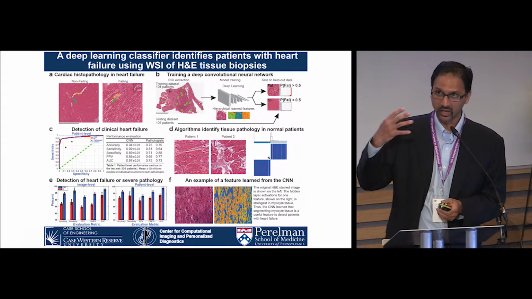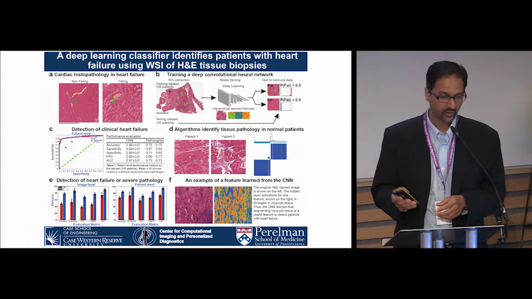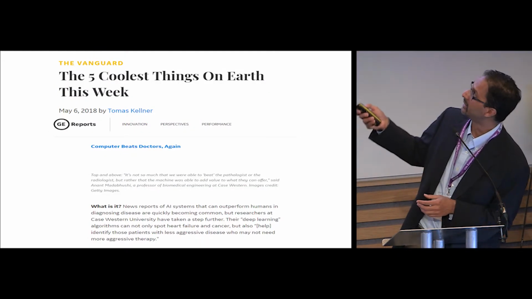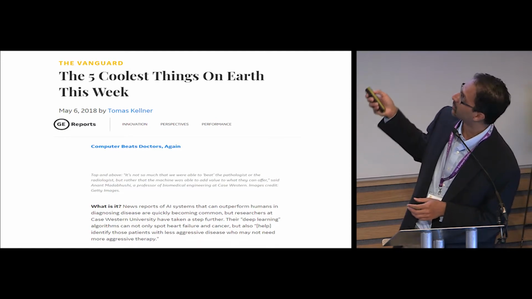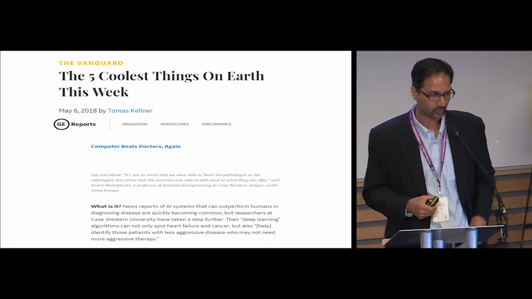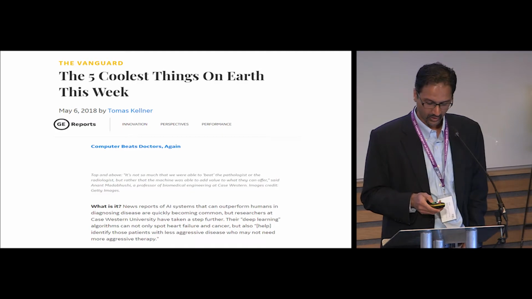At least that was the intent I had when I spoke to my marketing folks. Of course, that's not how it turned out, because very quickly the story that was sexier than the one I'd intended was, of course, computer beats doctor again, and G Reports picked it up as one of the 5 coolest things on earth.